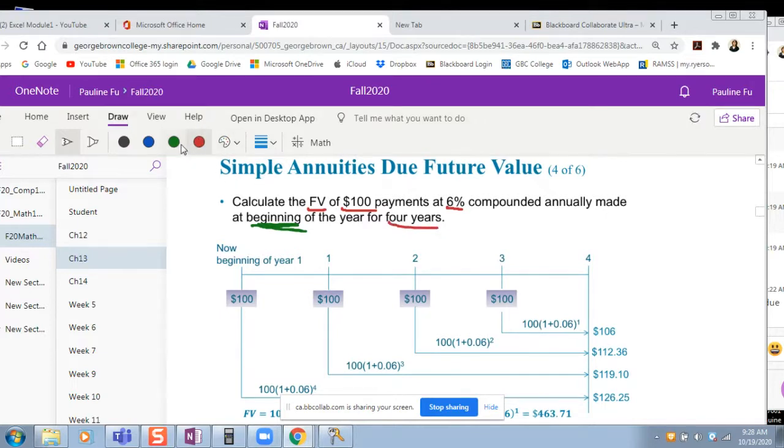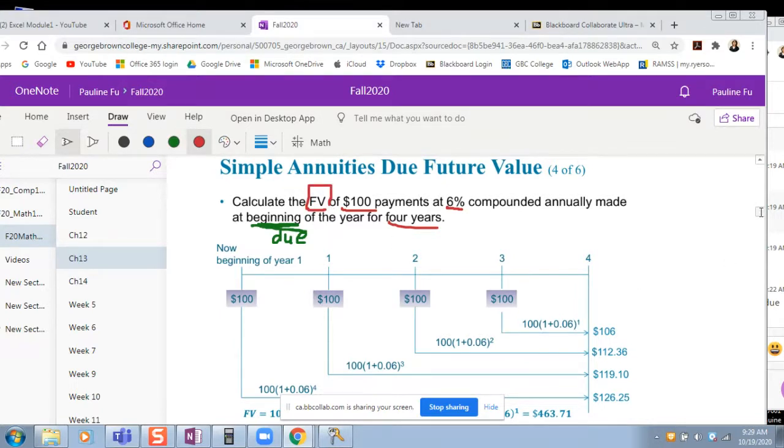The keyword beginning means this is annuity due. So you made the payment of $100 for 4 years. And the question asks you, what is the future value?